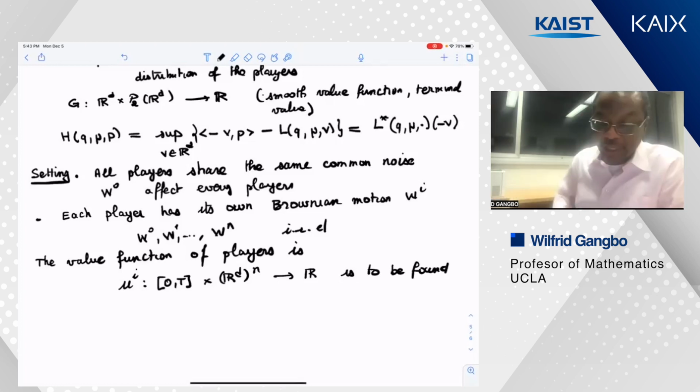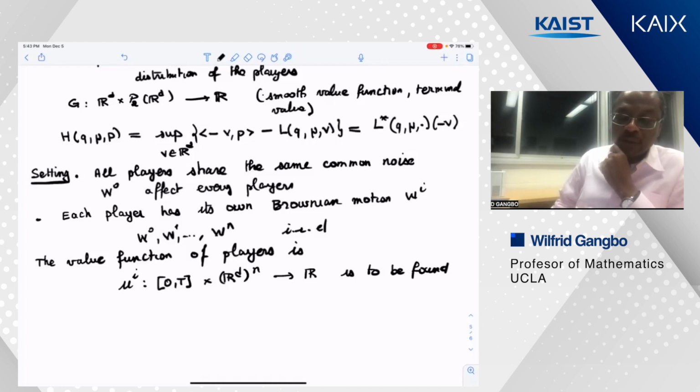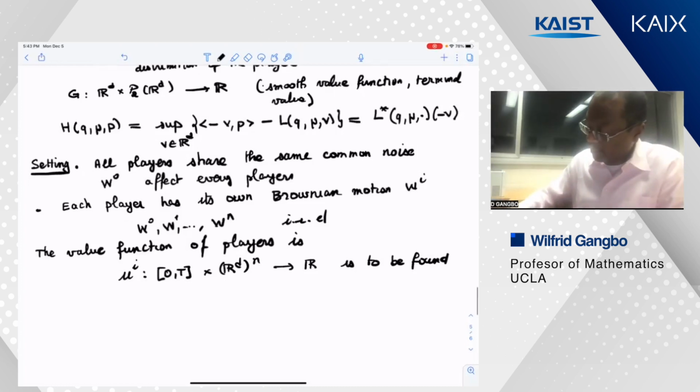So I am going later to write the equation which the value function will satisfy. But before I do so, I need some notation.